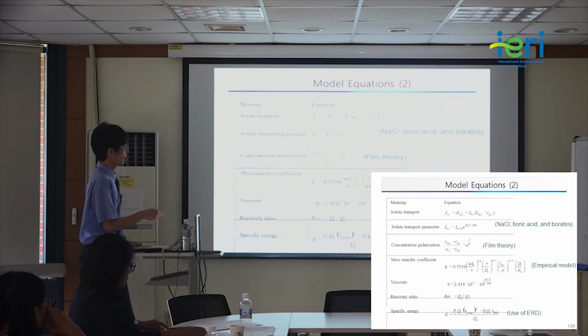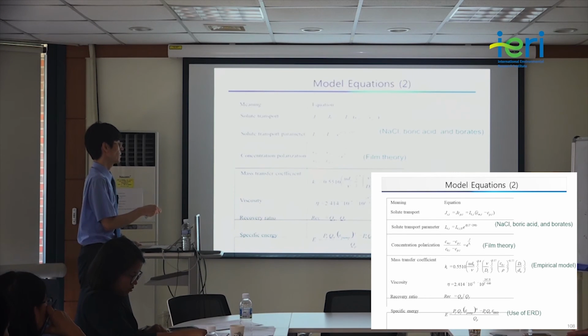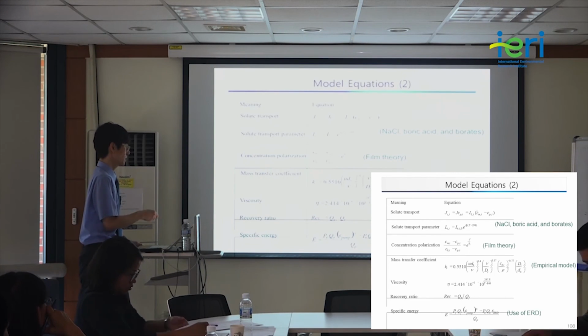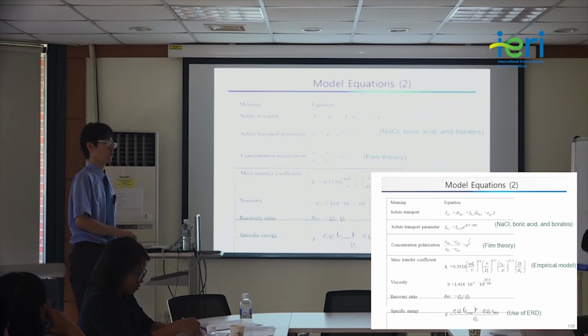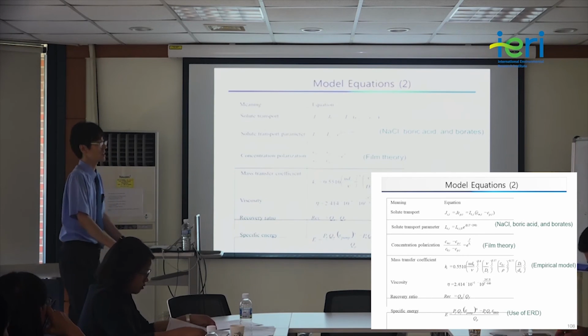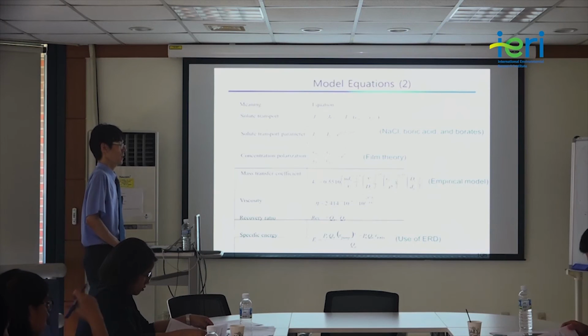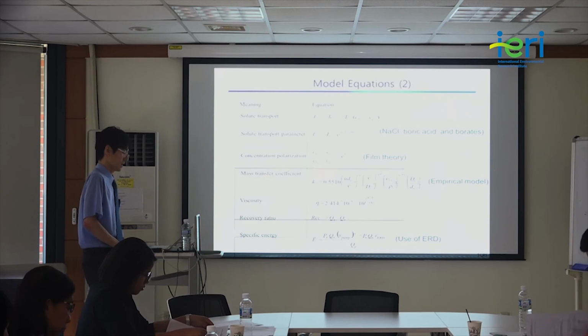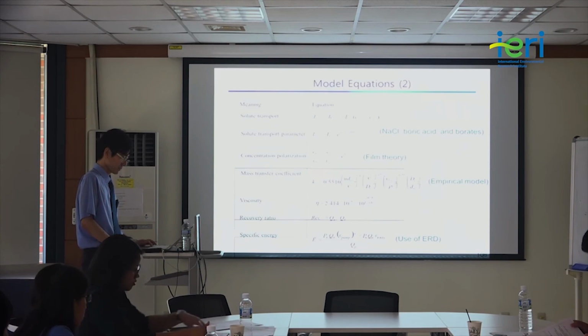But since we have to consider the energy recovered from the brine, this term is introduced to this equation, and that's how we can calculate the energy consumption in a system with the energy recovery device.